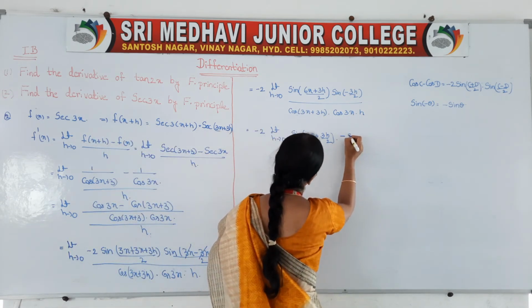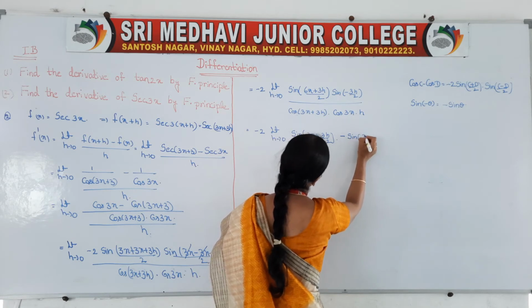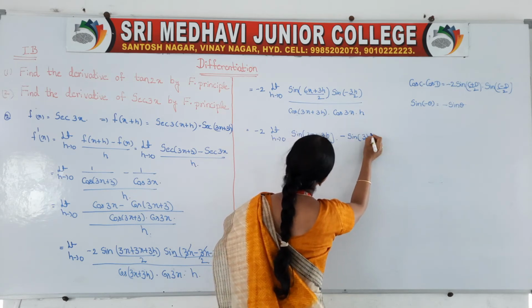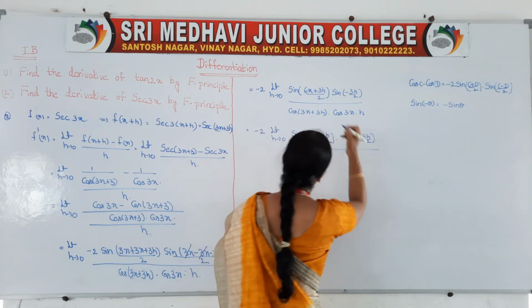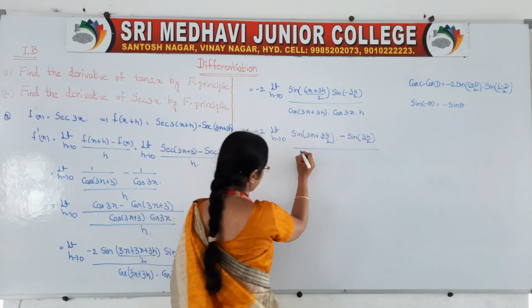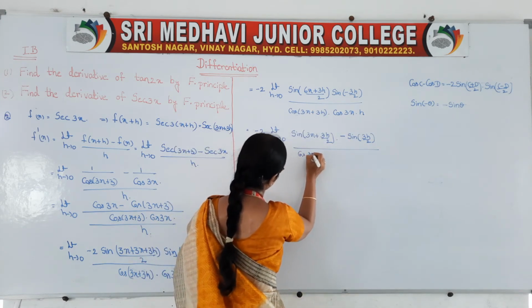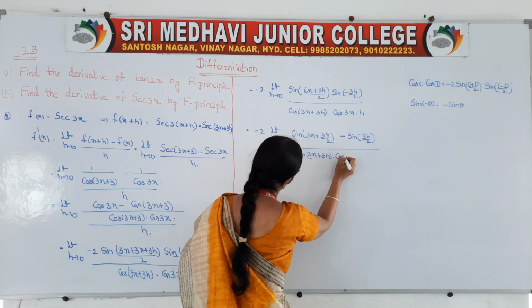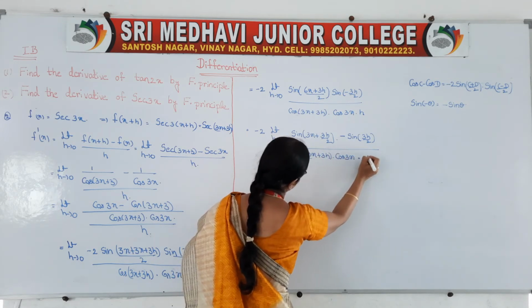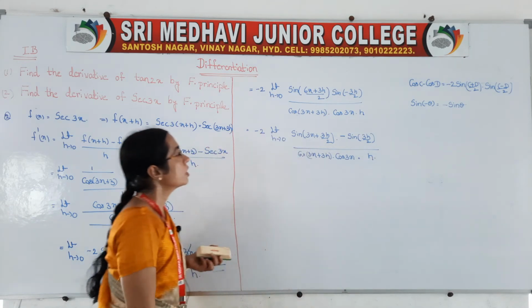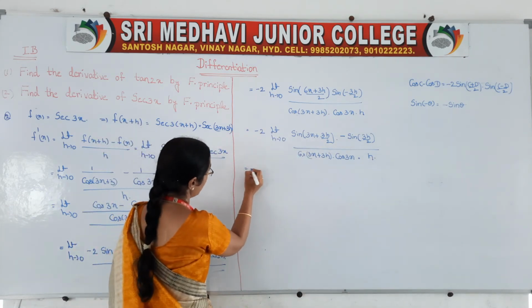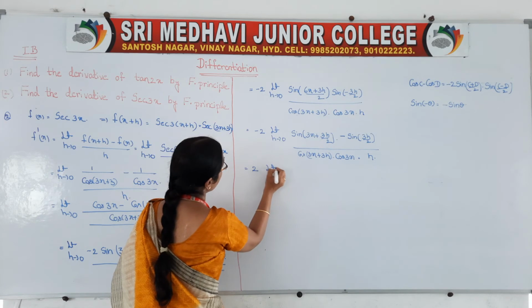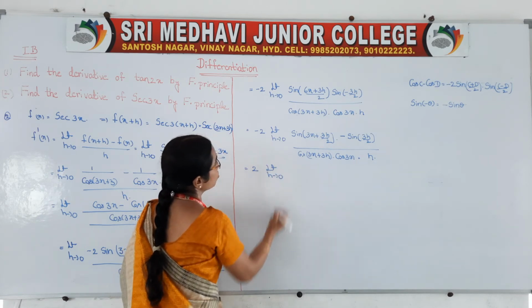So we can write minus sine 3h by 2 by h, and how we can write this as cos 3x plus 3h into cos 3x. So minus of minus plus 2 limit h tends to 0.